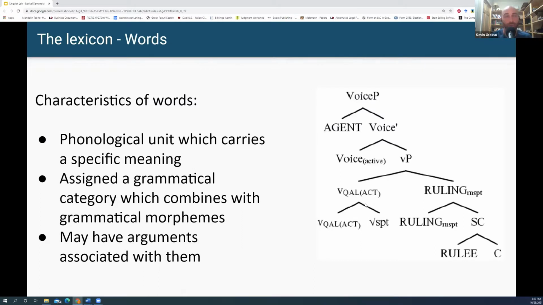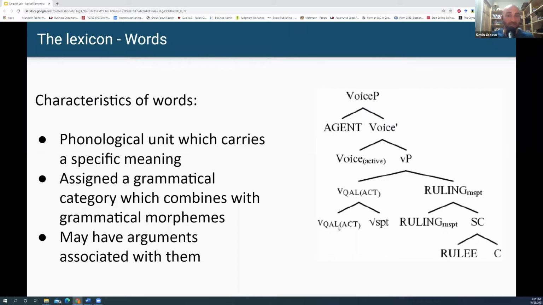So words. Then we have words. So what is a word? It's actually really not easy to define, and there's a lot of debate about it. But for our purposes, we'll just say it's a phonological unit which carries a specific meaning. So, again, this root will combine with what's called a categorizer, something that makes a root into a word, right?